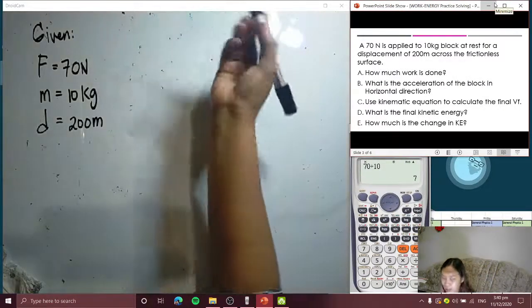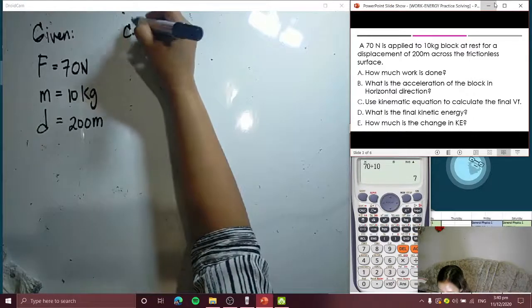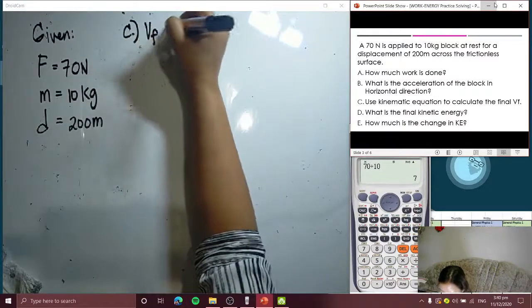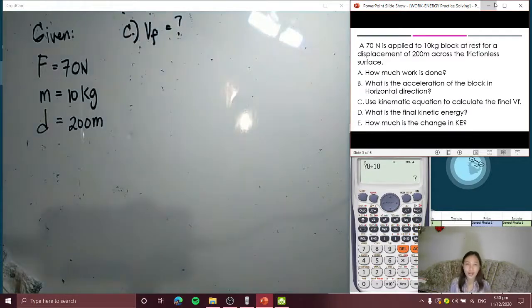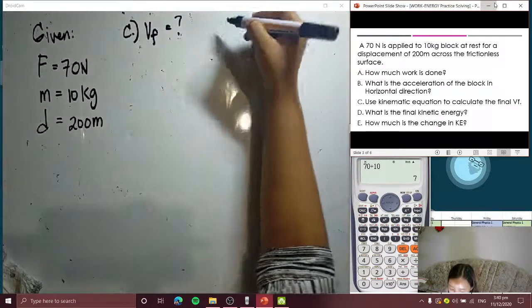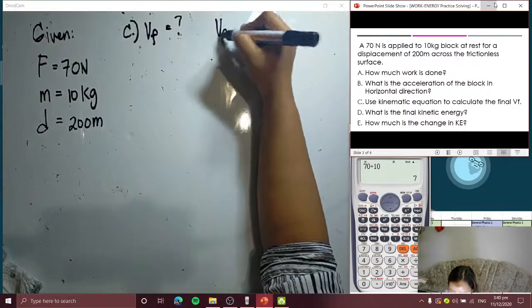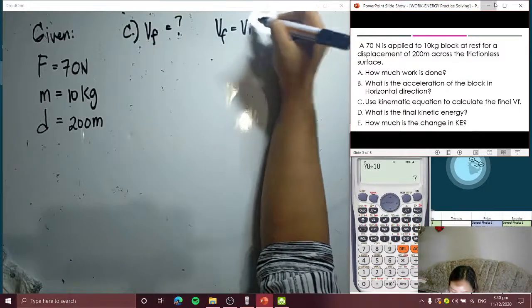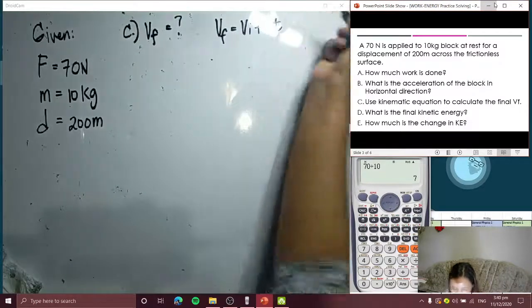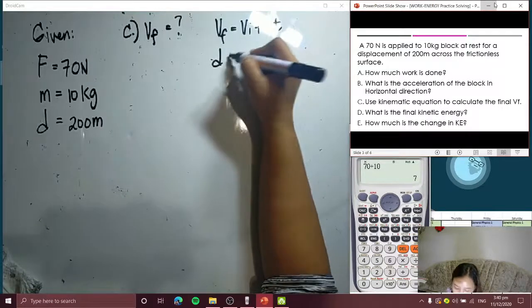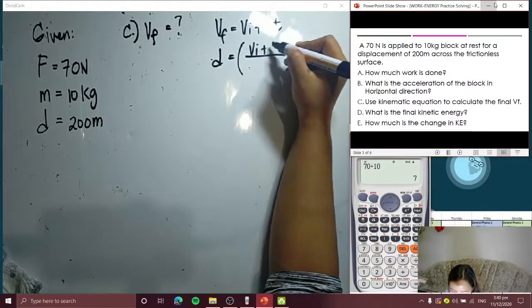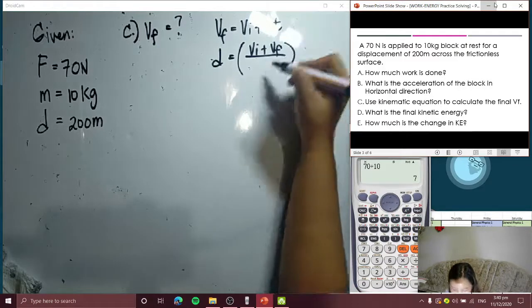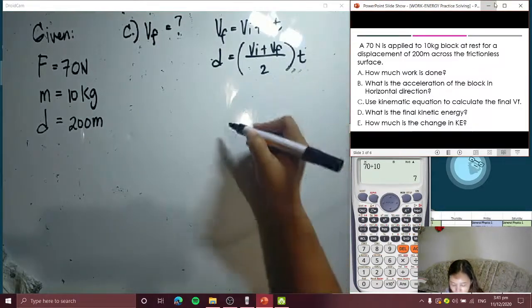Here are the different kinematic equations. By the way, Miss will write V sub F. That's question 1. So we will find it using the kinematic equations. First, we list: Vf is equal to Vi plus at. Then, d is equal to (Vi plus Vf) divided by 2, multiplied by t.